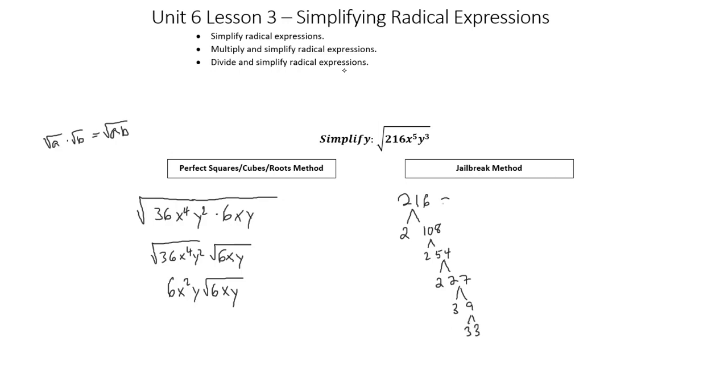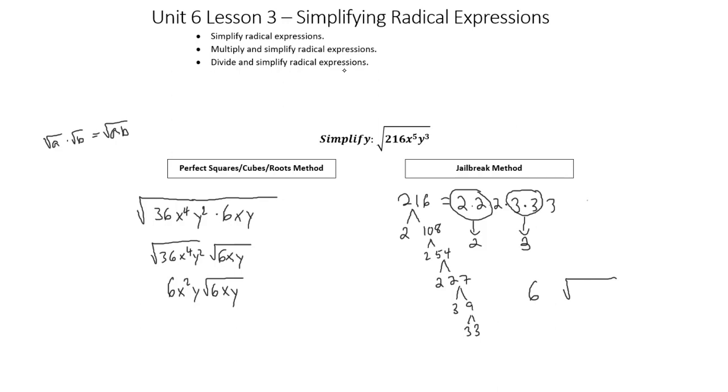So 216 equals 2 times 2 times 2 times 3 times 3 times 3. So here's a set of twins, so a twin escapes. Here's a set of twins, so a twin escapes. And so on the outside, we now have a 6.